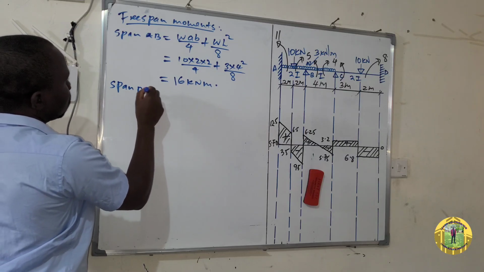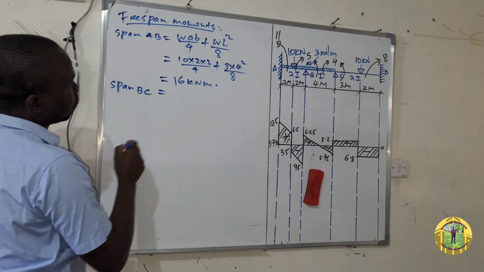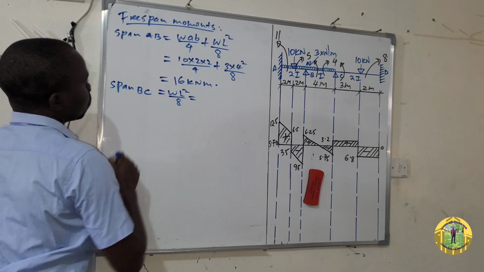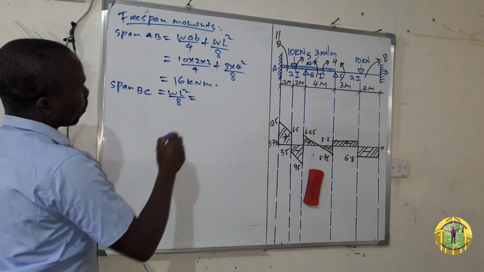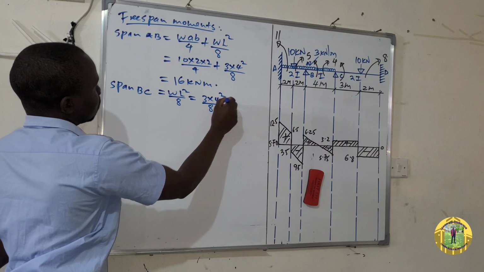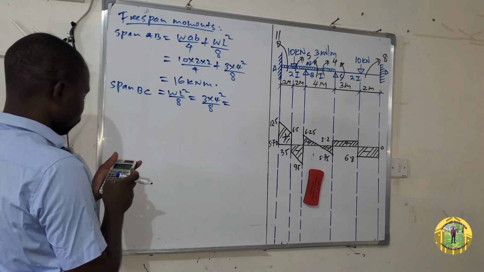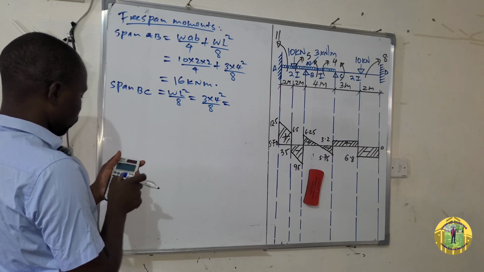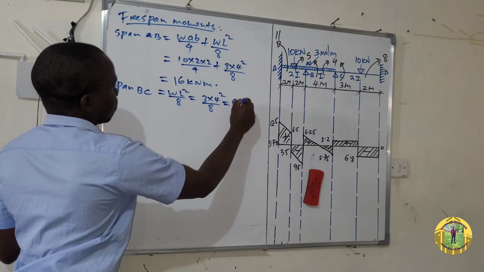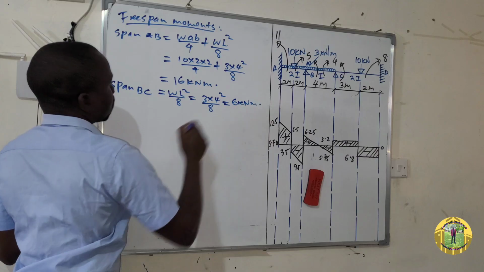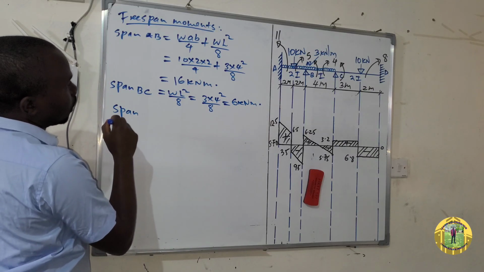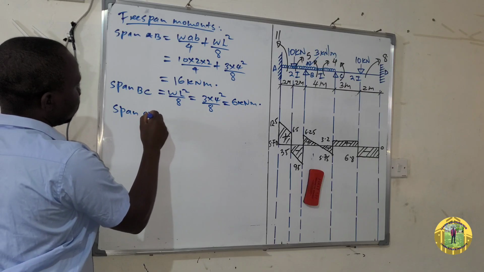And then we come to span BC. Span BC is equal to W L square all over 8. So this is equal to 3 times 4 square all over 8. This is 6 kilonewton meter. And then span CD.